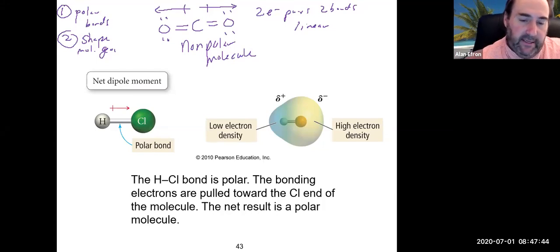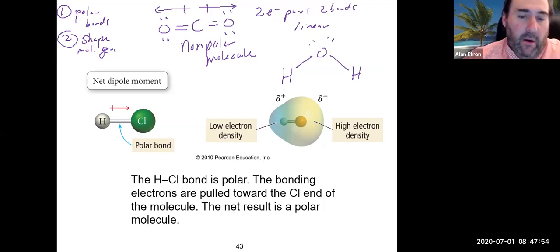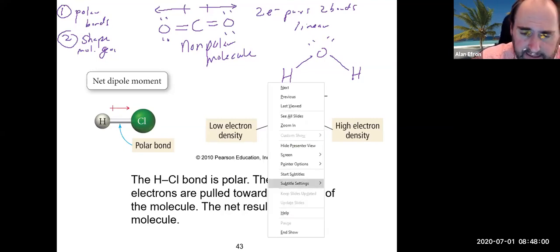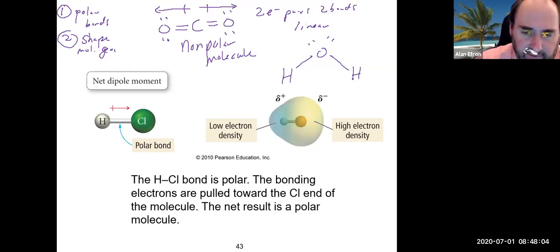So for example, let's take a look at our H2O. When we draw our H2O, our water here also contains polar bonds. It has the hydrogen and the oxygen, and again the electronegativity difference.